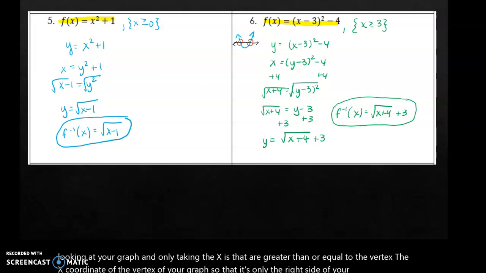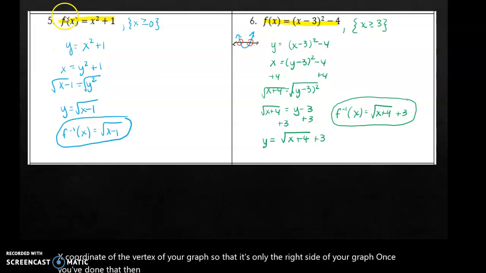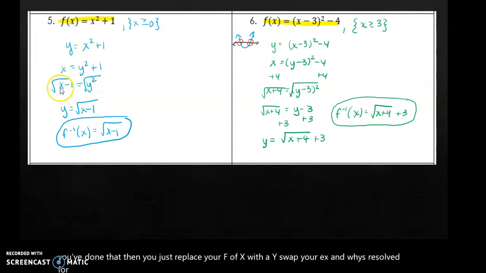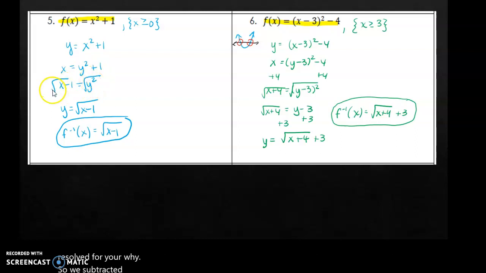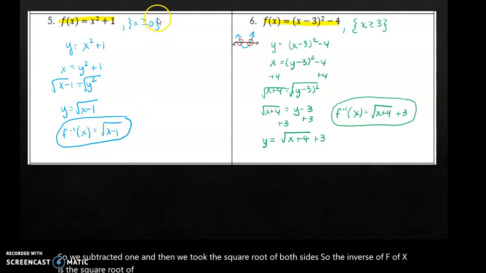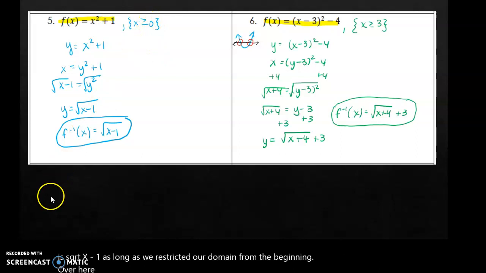Once you've done that, then you just replace your f of x with a y, swap your x and y's, resolve for your y. So we subtracted 1, and then we took the square root of both sides. So the inverse of f of x is the square root of x minus 1, as long as we restricted our domain from the beginning over here with x's greater than or equal to 0.